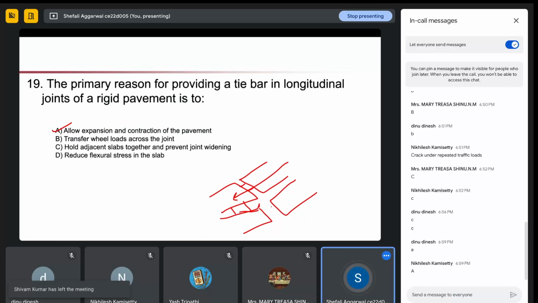We are allowing expansion and contraction of the pavement using both dowel bars and tie bars. But here we are asking the primary reason for providing only tie bars. When this is the road and tie bars are provided here, it is mainly to hold the two slabs together and prevent the joint widening. Okay, so this is also a correct answer. So we can say A and C both are correct in this case.